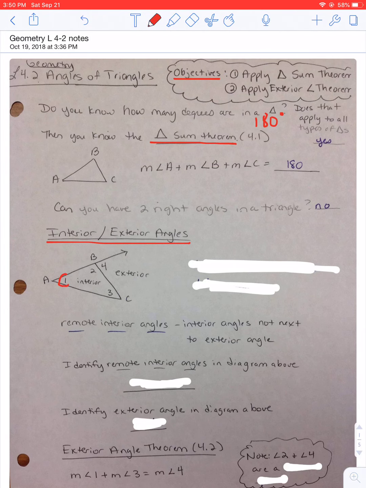This one, angle 1, and angle 3 are called remote interior angles because they are not right next to an exterior angle. So angle 2 is an interior angle, but because it's next to angle 4, you can see how they're side by side here, angle 2 cannot be a remote interior angle. It's just a plain old interior angle.